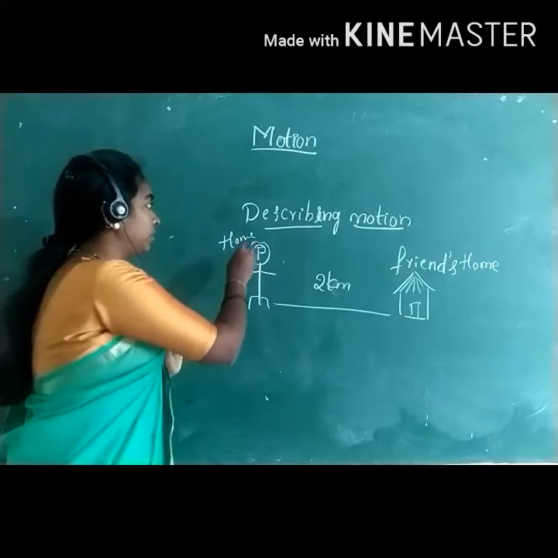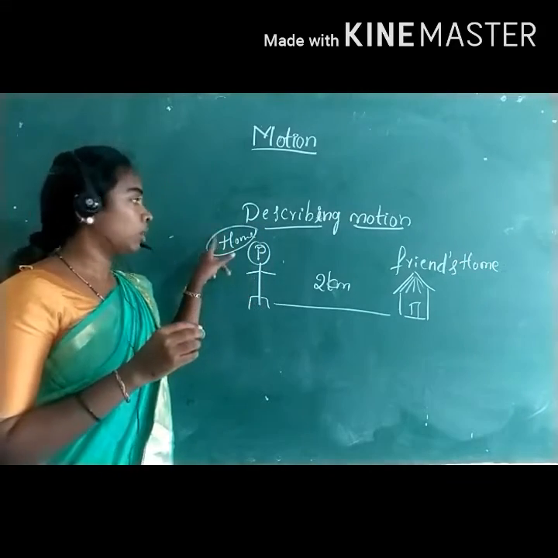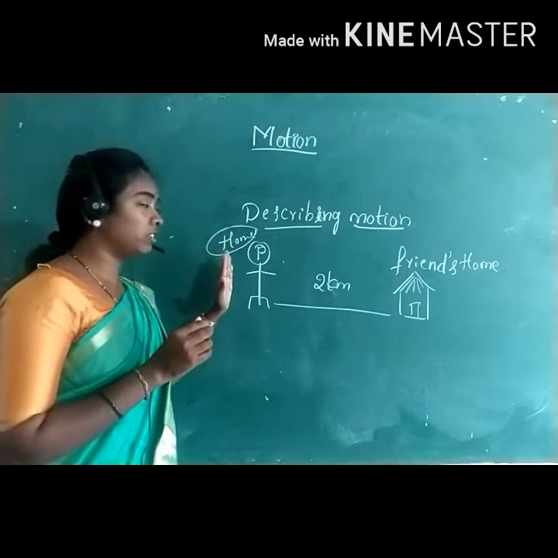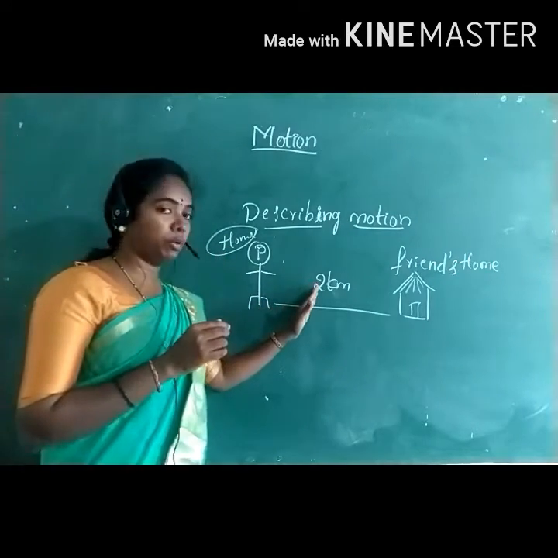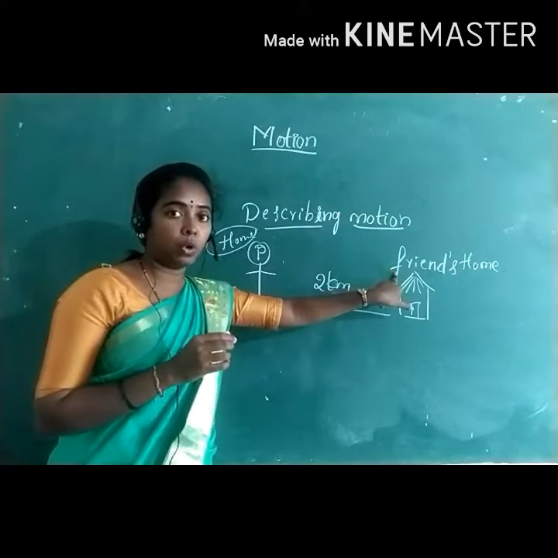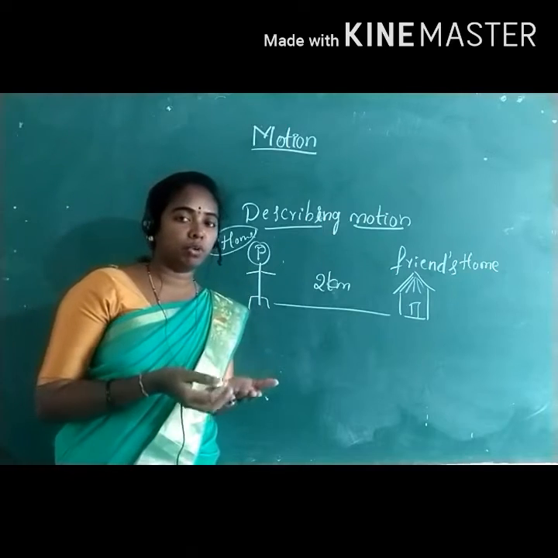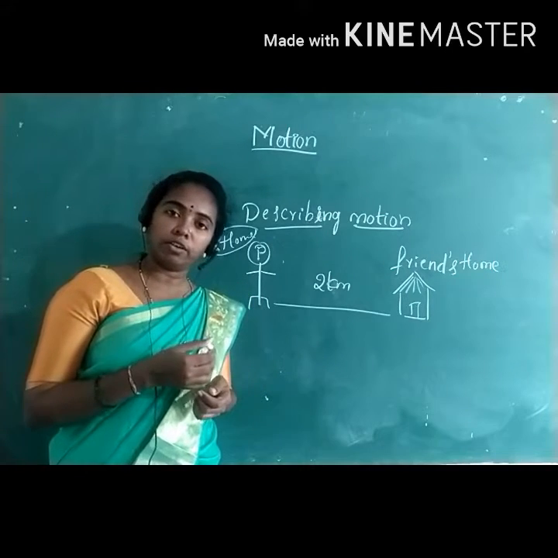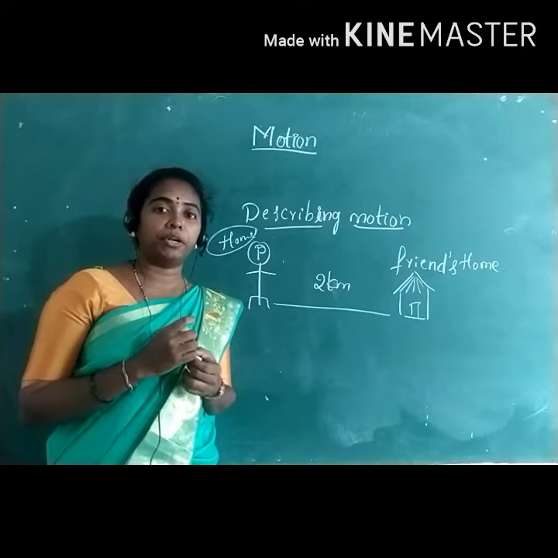Here I am considering the origin as person P's home. So the origin, considered as a reference, is home. I'll measure 2 kilometers. His friend's home is away from his home. So to describe the motion or location of an object, we first need to consider a reference point.